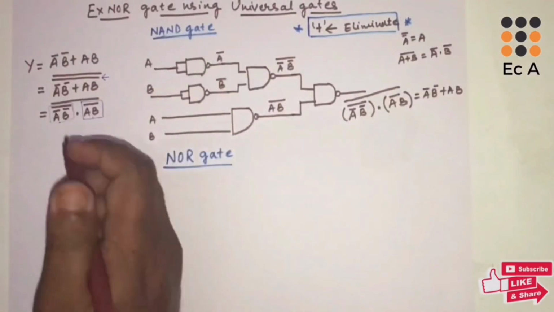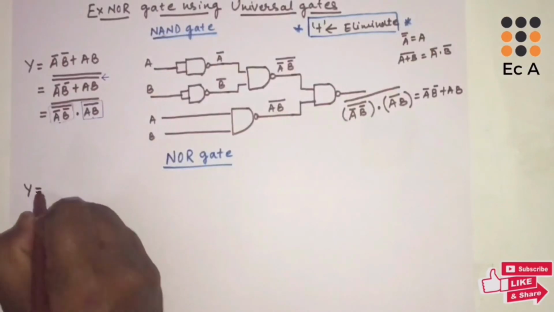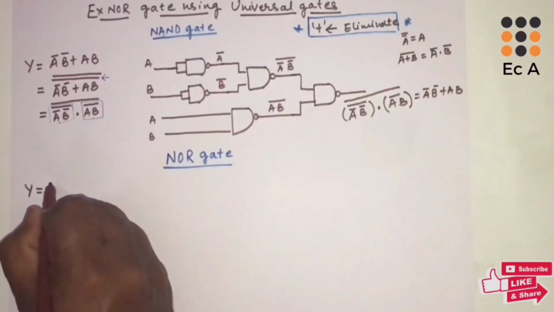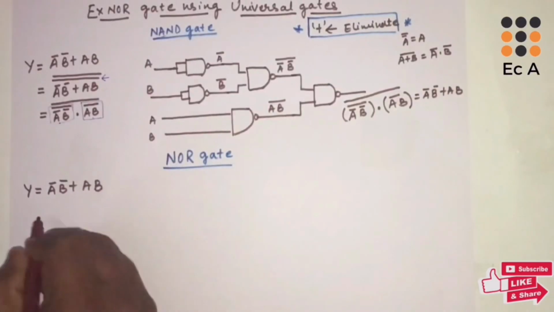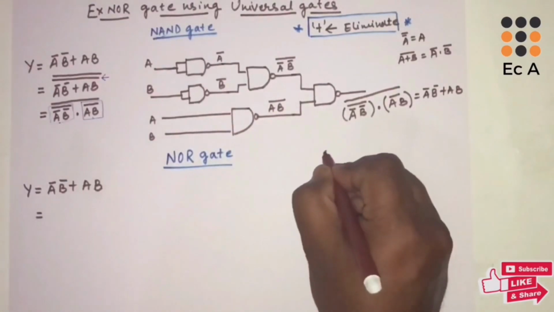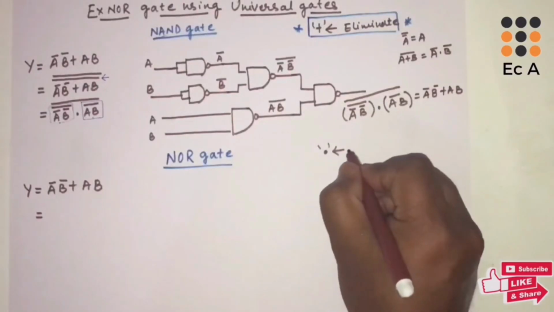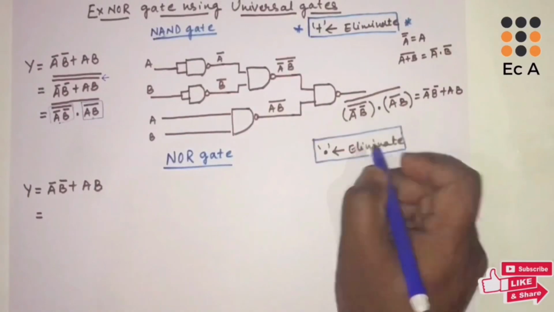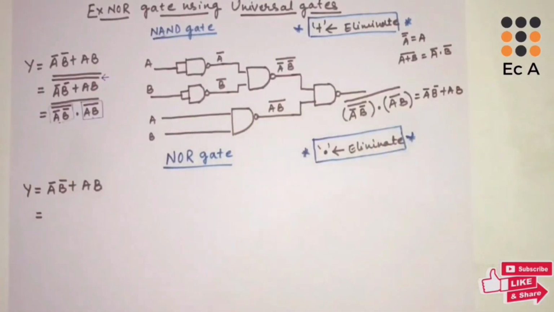Now let us implement XNOR gate using NOR gate. Let us write the equation for the XNOR gate, which is Y is equal to A bar B bar plus AB. Now to implement any given expression using NOR gate, we need to eliminate the dot operation, which is the AND operation. If you remember this, you can implement any given Boolean expression using NOR gate.